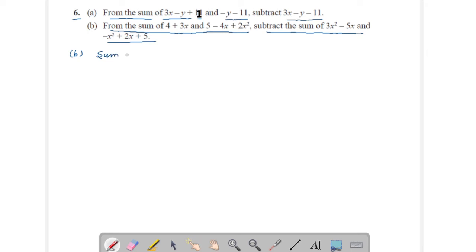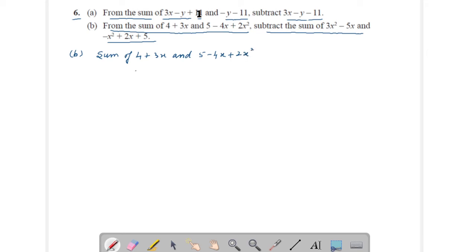Find the sum of 4 plus 3x and 5 minus 4x plus 2x square.